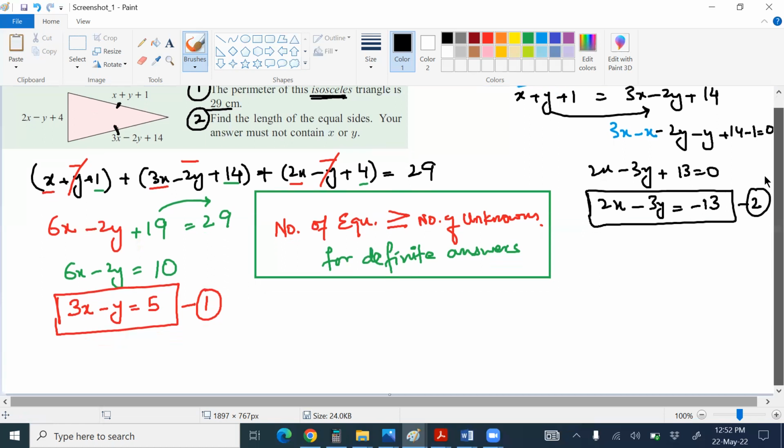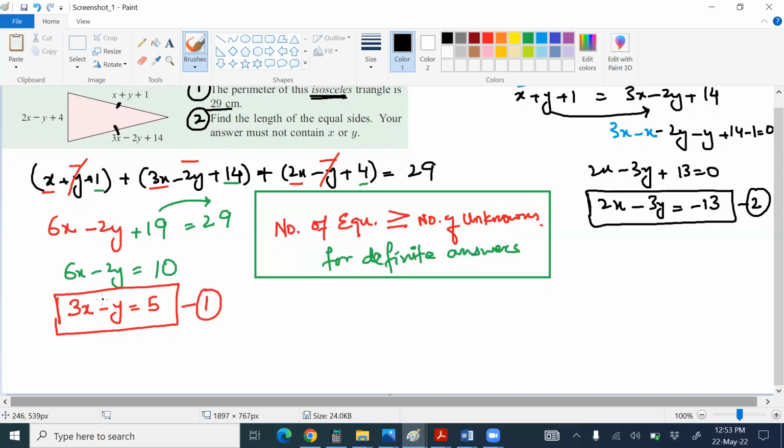Now we got two simultaneous equations. They are both linear. What we will do is solve them. And I'm going to do the elimination method. In the elimination method, we target one of the variables and we eliminate it first. In order to choose the target, the easier the target, the better you're working and lesser the chances of errors.